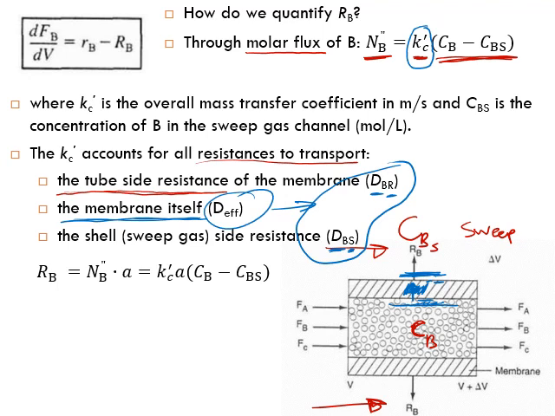Okay, so let's go back to RB. Basically RB is written per volume and the molar flux is written per unit area. So how do you convert this to this? Well, simply you need to multiply by area over volume, in order to fix the units.